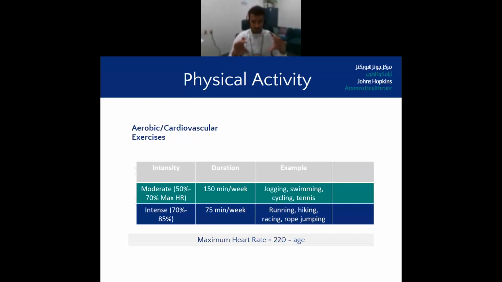And those are the latest guidelines for the duration and intensity of our physical activity. If the physical activity is moderate, let's say 50 to 70% of the maximum heart rate, we should do 150 minutes per week.